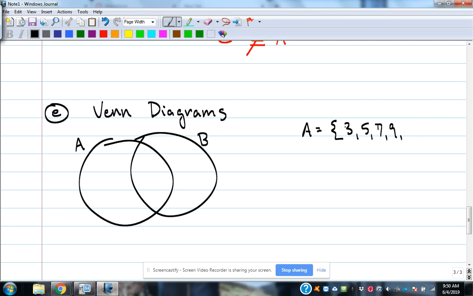Set A is going to be the numbers 3, 5, 7, 9, 11, and 13. Set B is going to be the numbers 6, 8, 10, 11, 13, and 14. Okay. Now, if I go to put those sets in the Venn diagram, what should go in this football shape that's in the center?